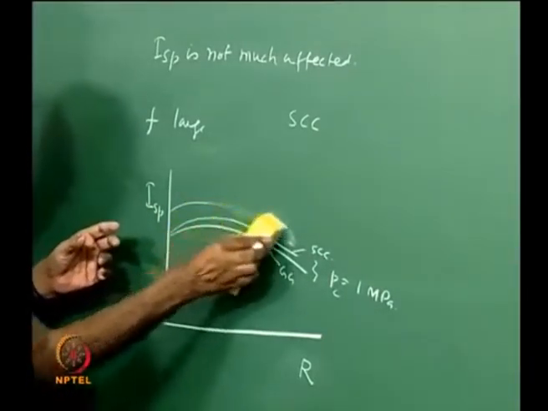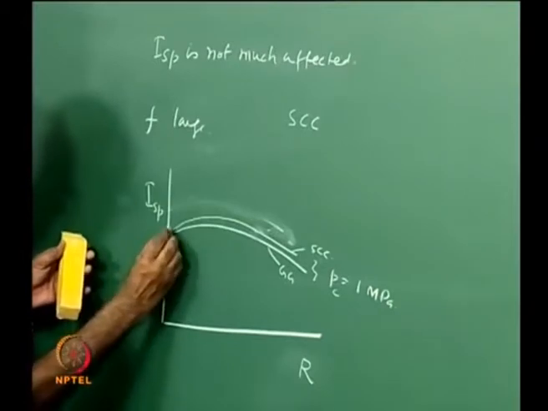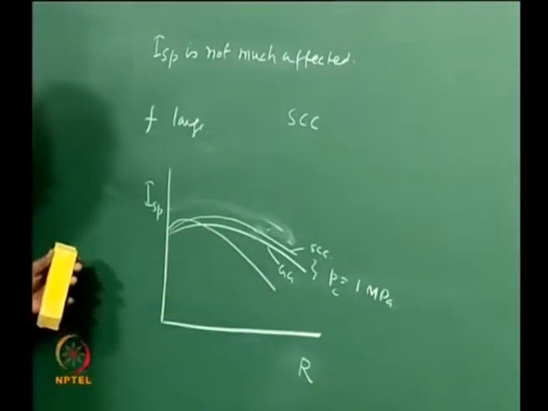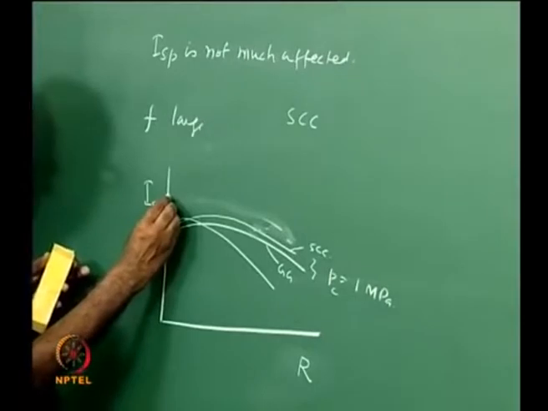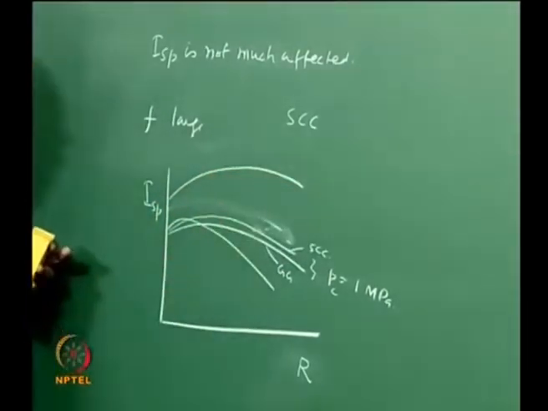In fact, it will be slightly higher over here, and maybe it will keep coming down with mixture ratio, whereas my stage combustion cycle will give a performance over here.